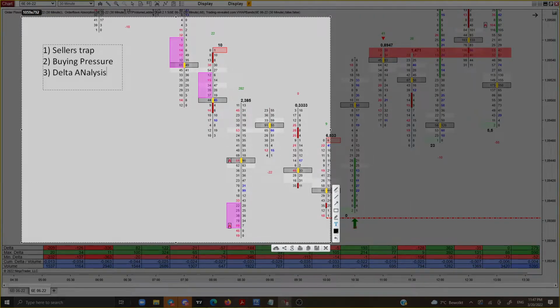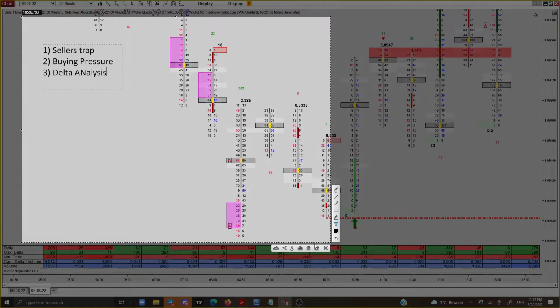If these three confluences are there, we are good to go. We can add more for a better setup, which we discuss in our premium groups, for when you need something 100%. But these three are the basic things you need to see. A trap: when it's a buying setup, then a seller's trap. Otherwise it's a buyer's trap when it's a sell setup.